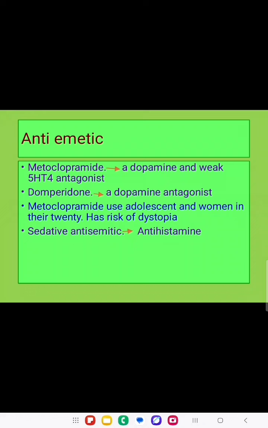Domperidone is a dopamine antagonist, and we commonly use domperidone. Metoclopramide used in adolescents and women in their 20s has a high risk of dystonia. Sedative antiemetics are also used.